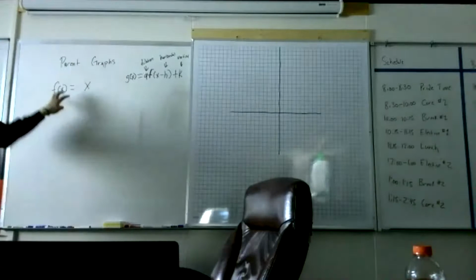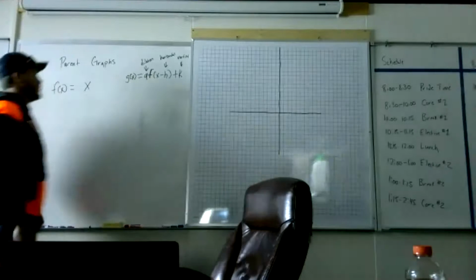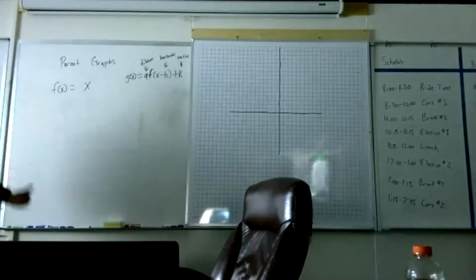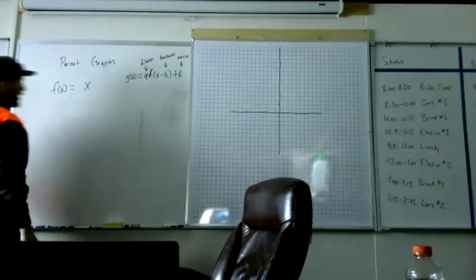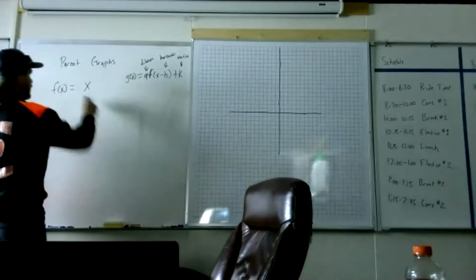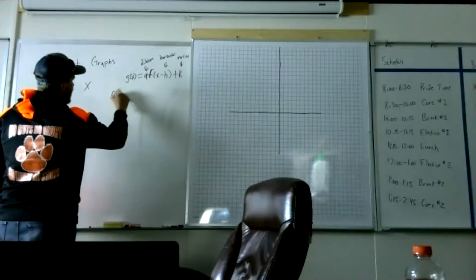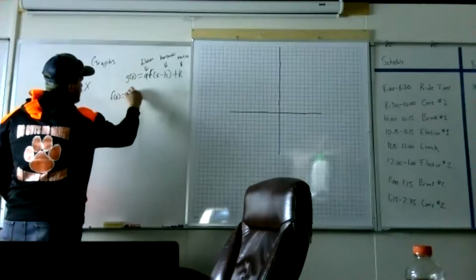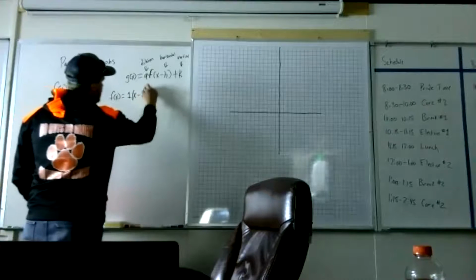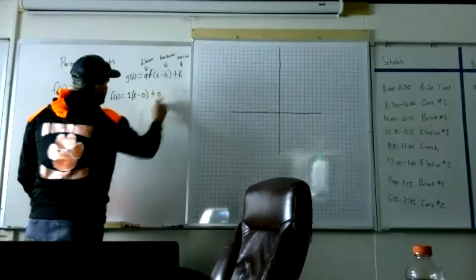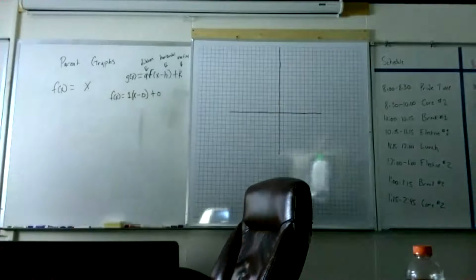Believe it or not, this parent graph is actually in this format. It's just that in mathematics, we like to remove redundancies. So this parent graph, f of x is equal to x, which is just a linear function, if we were to write it in this format, it would be f of x is equal to 1 times the quantity of x minus 0, plus 0. If you look at it, it sets up kind of an inside-outside thing.